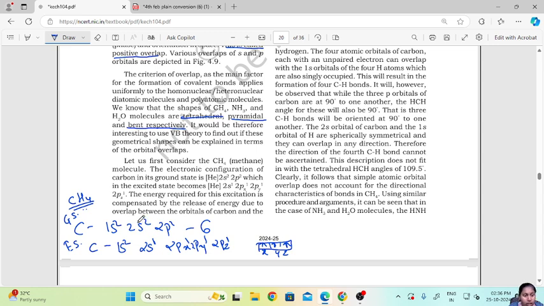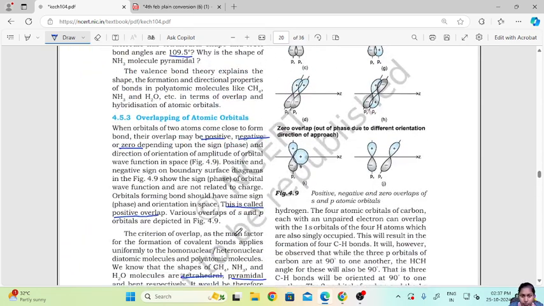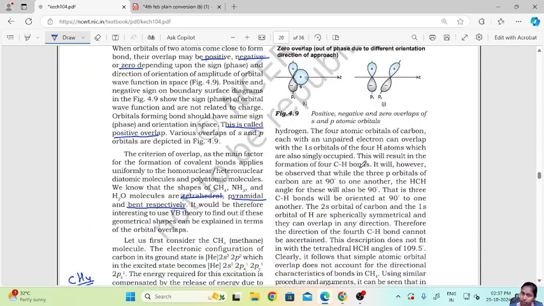We are shifting 1 electron from the 2s orbital to the 2p orbital, no? So the energy which is required to excite or transfer these electrons is compensated when the orbitals overlap between carbon and hydrogen. Now the 4 atomic orbitals of carbon, each with an unpaired electron, can overlap with the 1s orbitals of 4 hydrogen atoms which are also singly occupied.